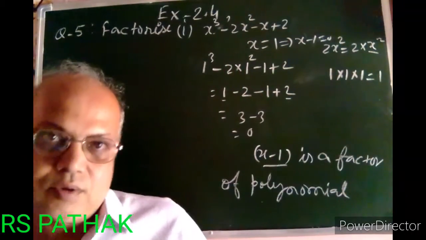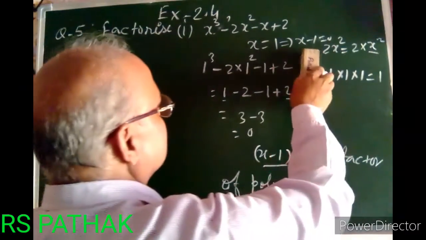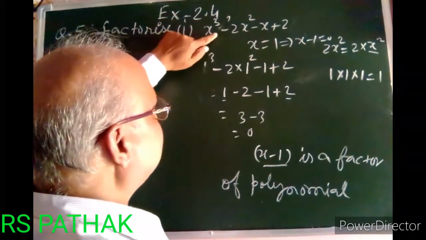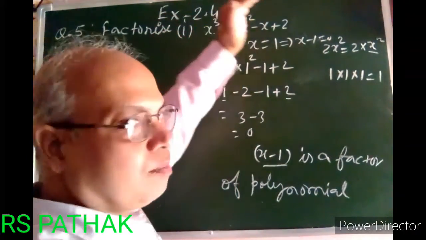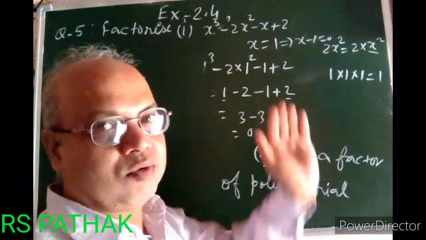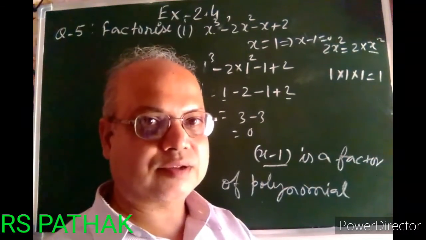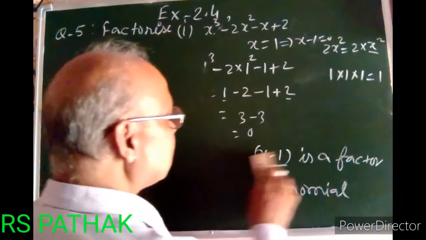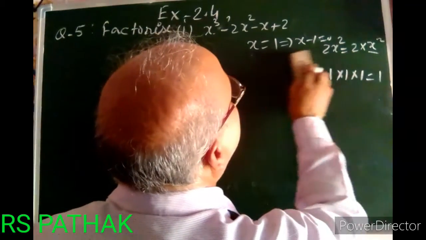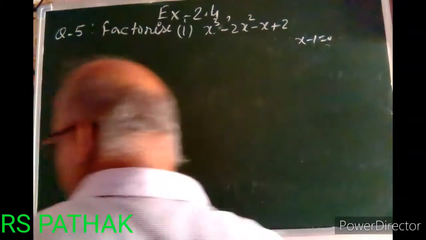Now, I have found one factor, x minus 1, of this polynomial. There are 3 factors because the power of x is 3. Therefore, there are 3 factors. I have found one factor. Now we have to find 2 more factors.